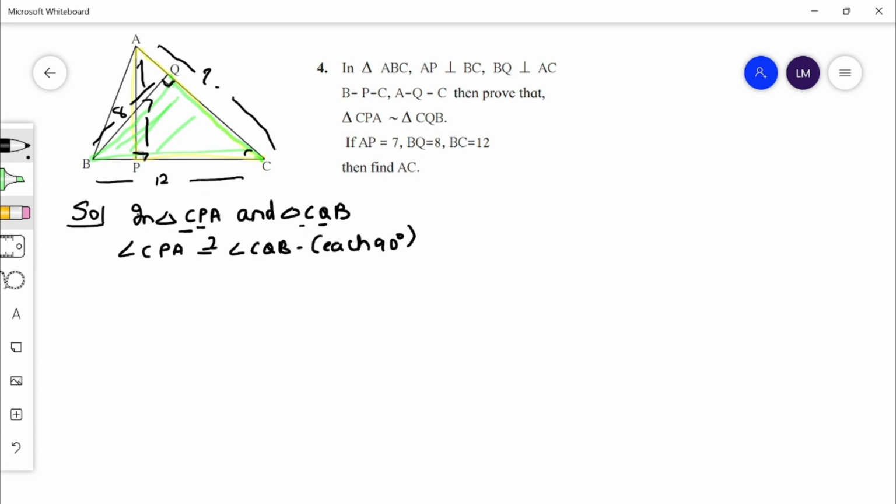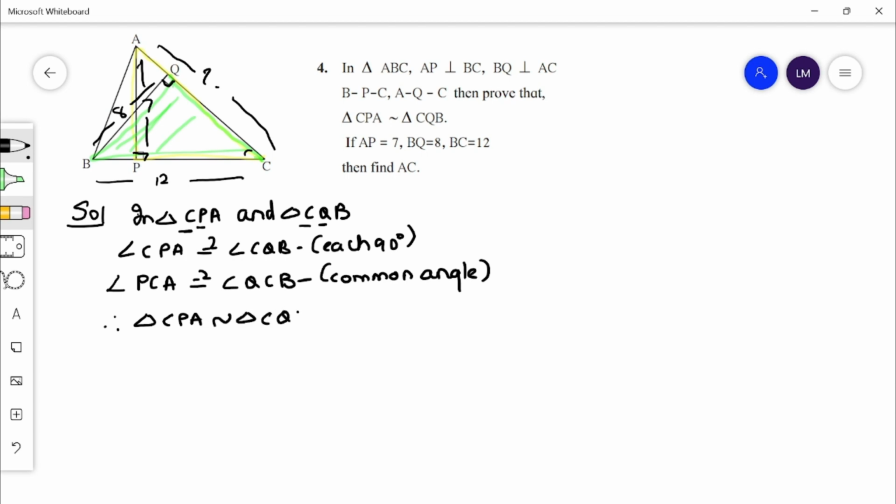So this is C and C, same letter in the same place. That means it is a common angle. So in name we can write angle PCA is congruent to angle QCB. Reason: common angle. Therefore triangle CPA is similar to triangle CQB by the AA test for similarity.